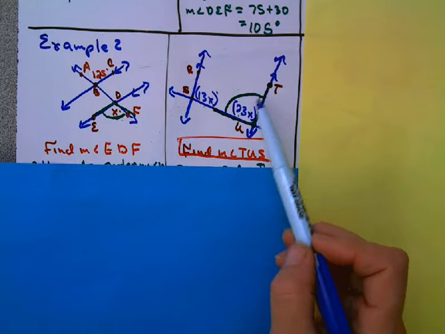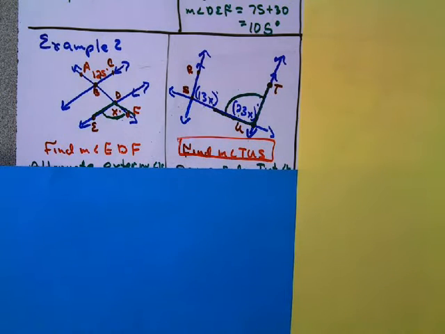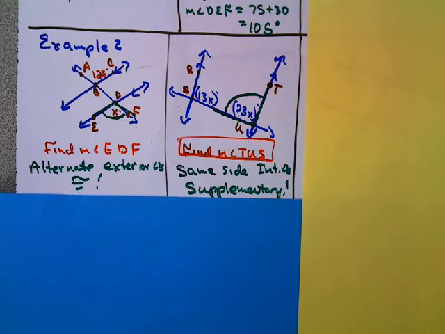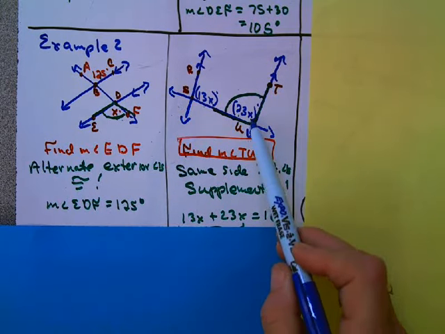So I remember that same side interior angles are supplementary, and we can write 13x plus 23x equals 180. Now, all we need is to find x and multiply it by 23 to find the angle measure. So 13 and 23 is 36x, and that equals 180. And if I divide by 36, I get x equals 5.